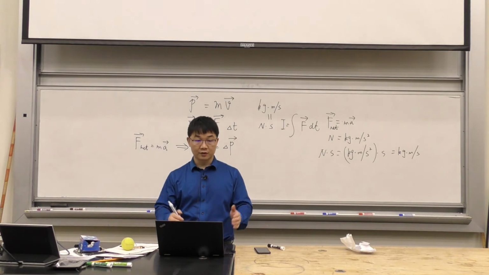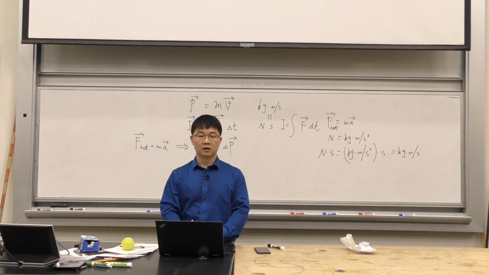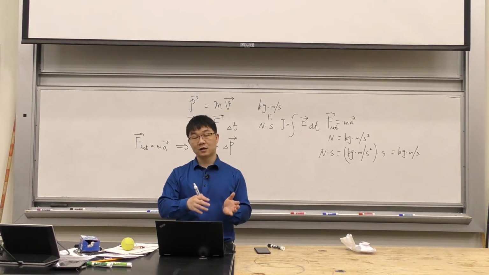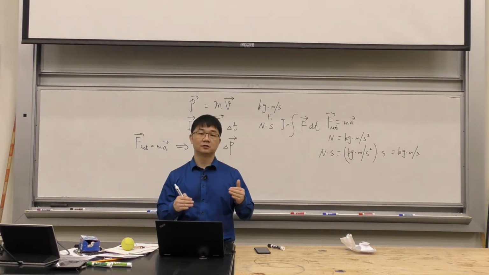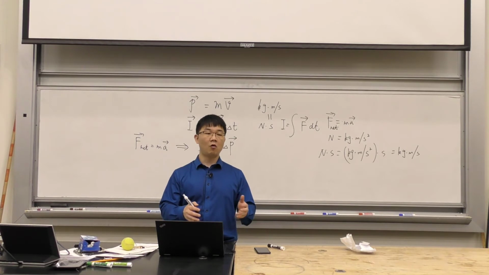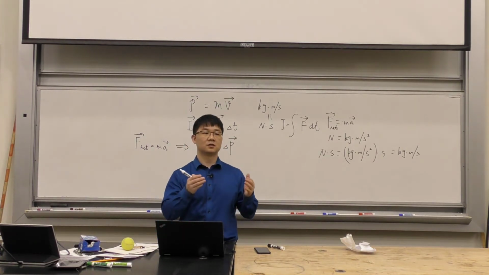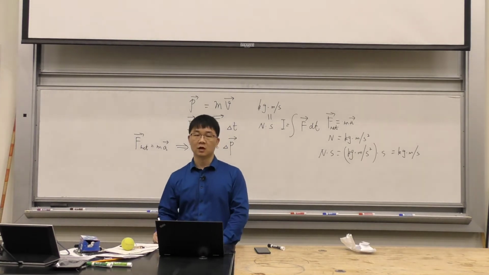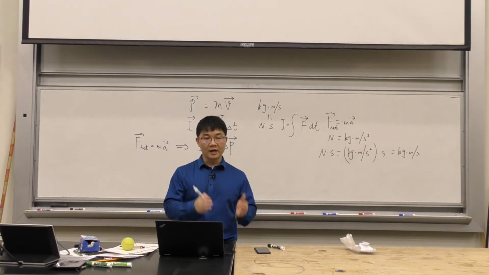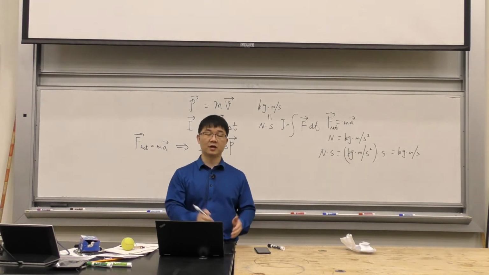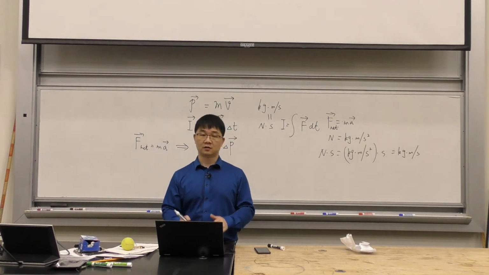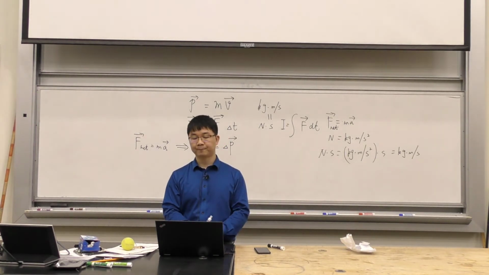Okay? So now there are three ways you can think about the motion of something. It's accelerating because there's a net force on it. Or you can think of the energy as changing because some force is doing work on it. Or you can think of the momentum as changing because there's some impulse from the outside on this object. Okay? All right?